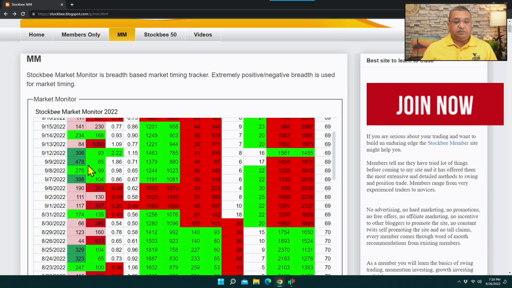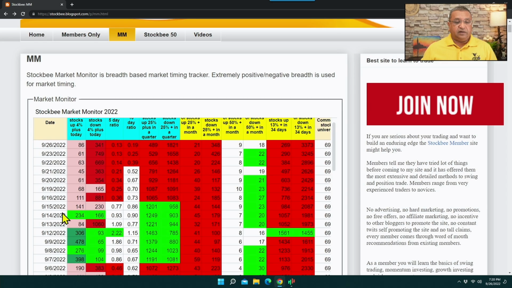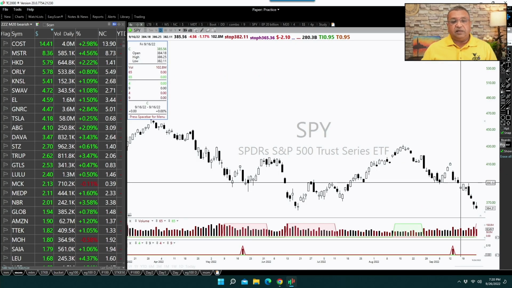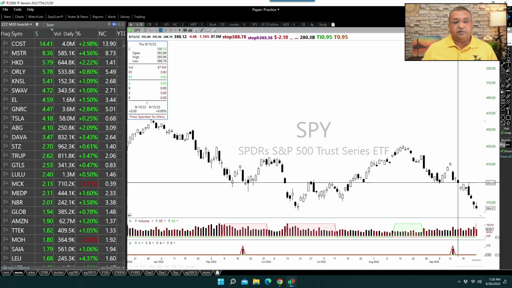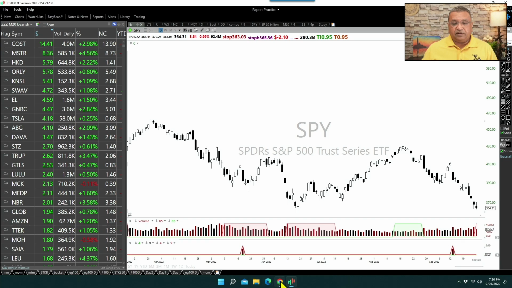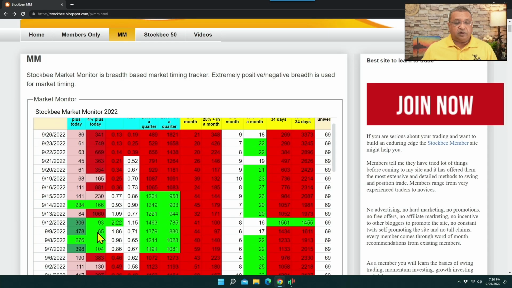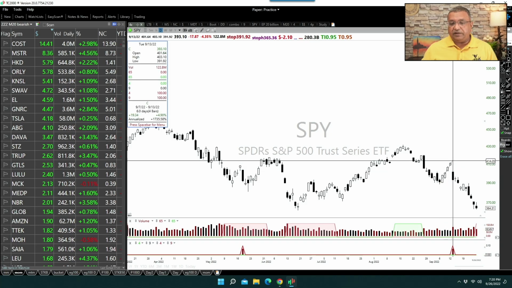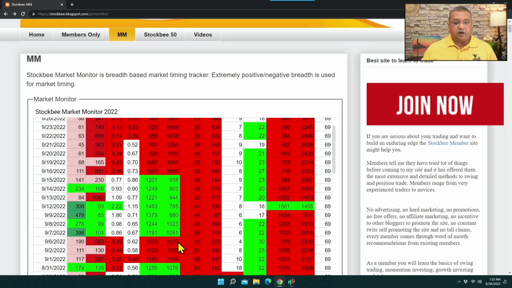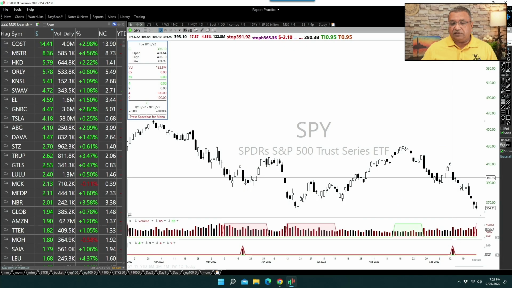From this day onward, the market has been selling off, and before that, there was a small rally of 4 days, and that rally is this particular period. And then you had a knockout punch with 1,000 stocks down 4% plus, that is this day.